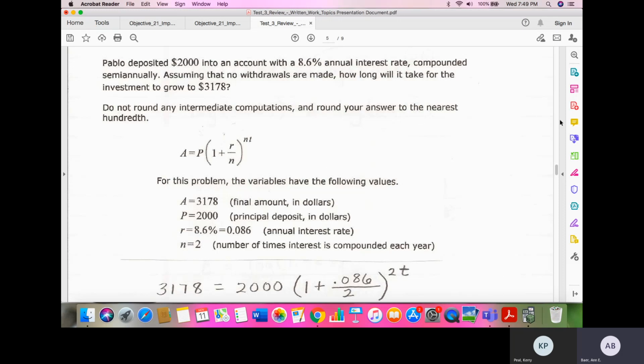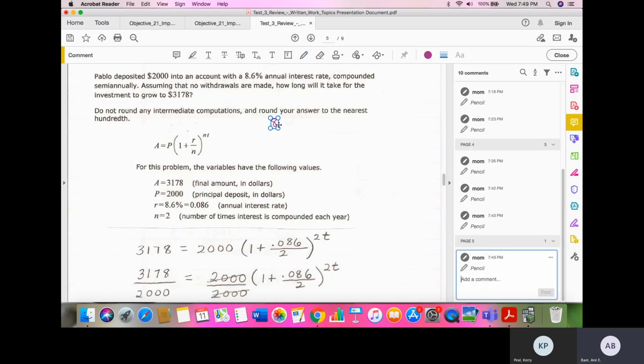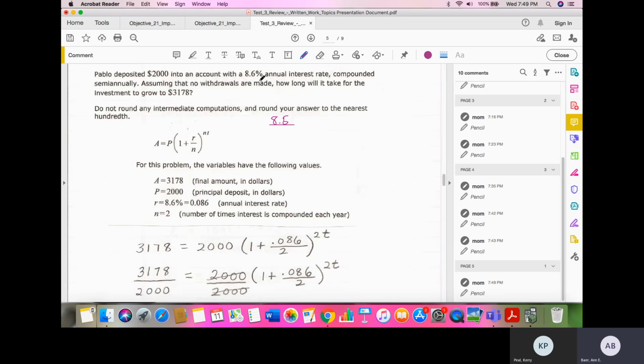The other way to do it, which is the way I like to do it because I always like to be as accurate as I can, is to remember that the percent symbol means parts per hundred. So we can take this 8.6 and divide by 100.